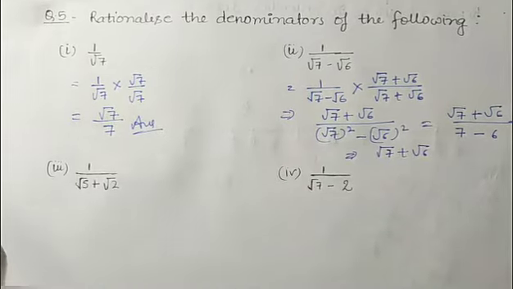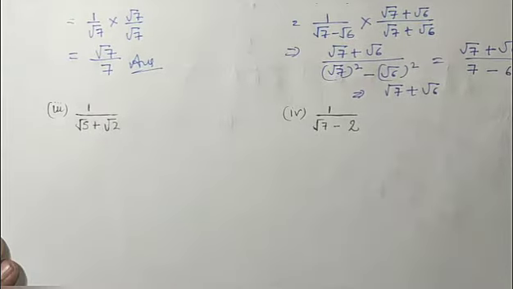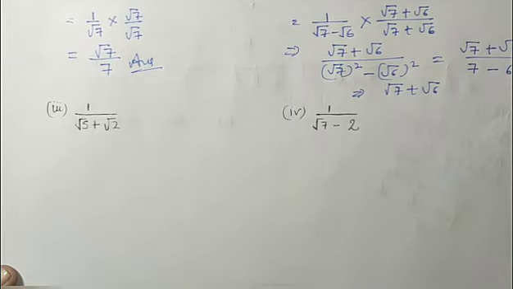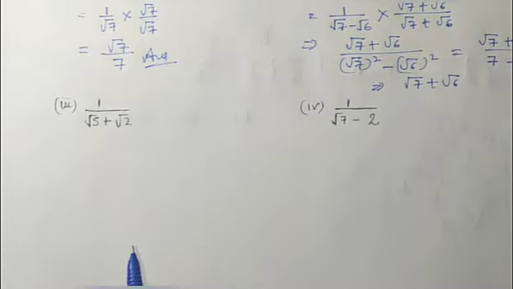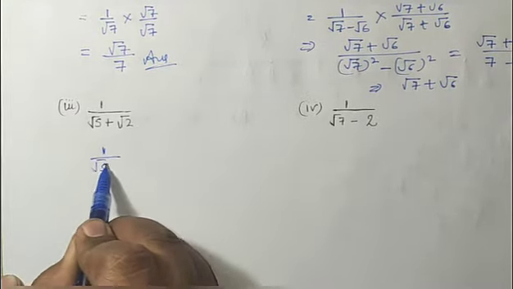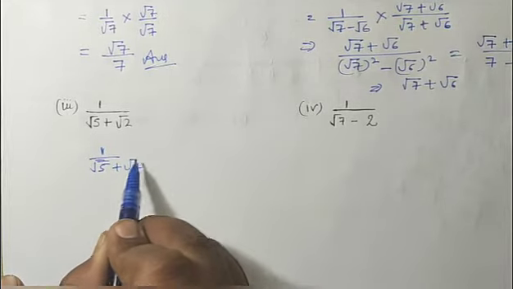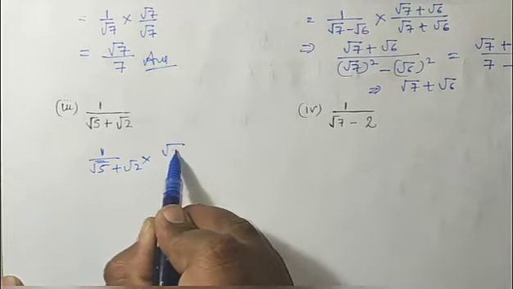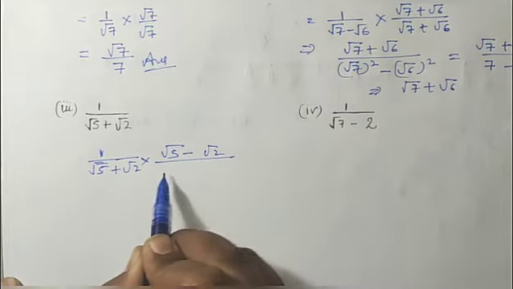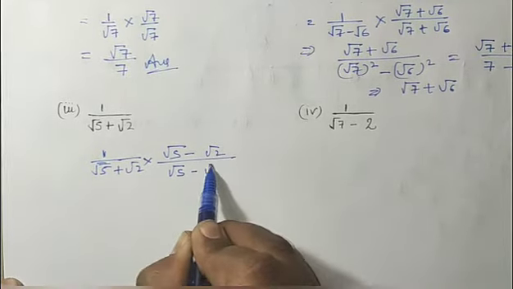Now the third part is 1 upon under root 5 plus under root 2. For this question you have to multiply by under root 5 minus under root 2 upon under root 5 minus under root 2.